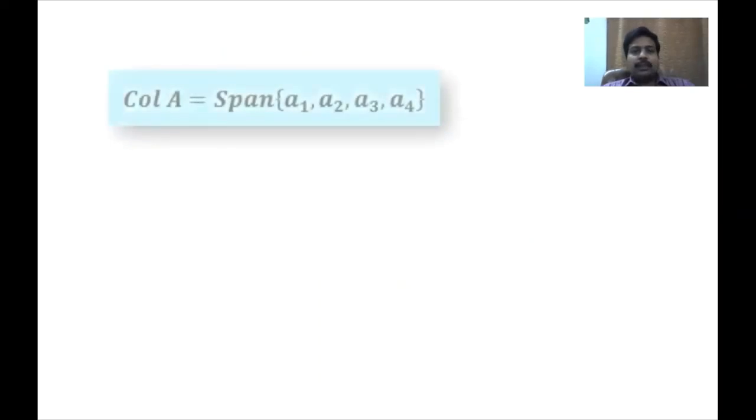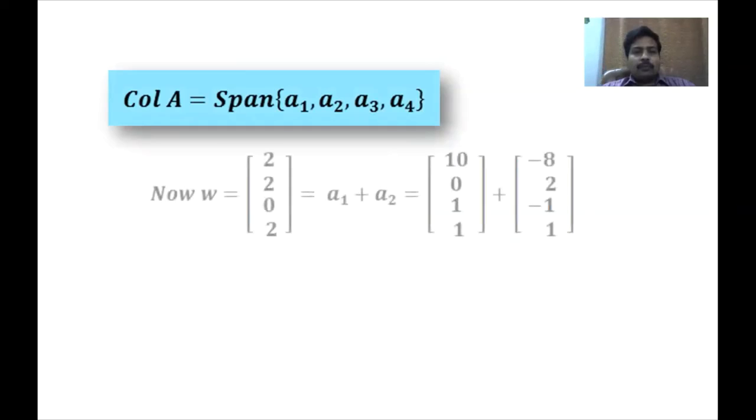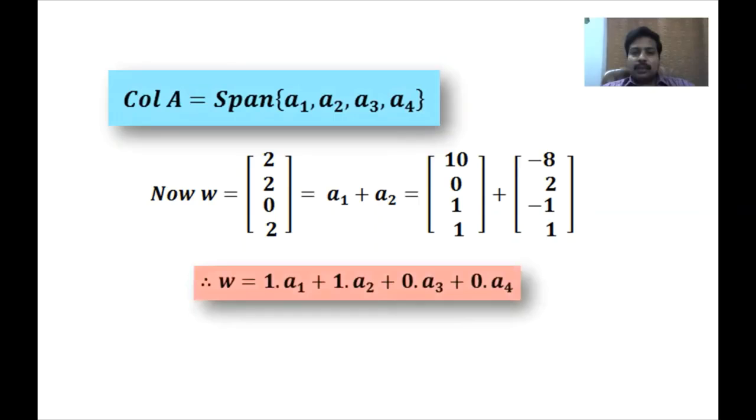So we can observe that W is nothing but A1 plus A2. If you add the first two columns, you will get W. So W can be represented as a linear combination of these four vectors as W is equal to 1 times A1 plus 1 times A2 plus 0 times A3 plus 0 times A4.